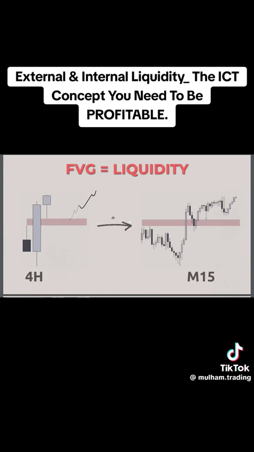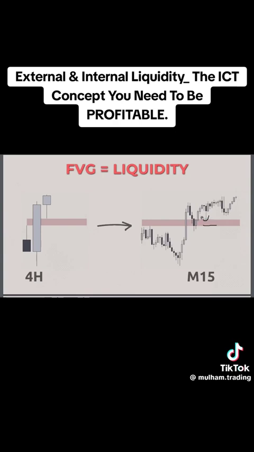That's all. Now we're looking at the 15-minute to the right. This is where the fair value gap was created, and this is price trading into the fair value gap on the 15 minutes. But price came up and created this fair value gap on the 4-hour, because we were not able to trade inside of this range on the 4-hour. Price went up, then came lower, and we did not trade into the zone.